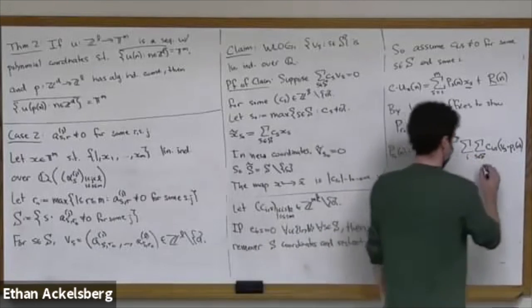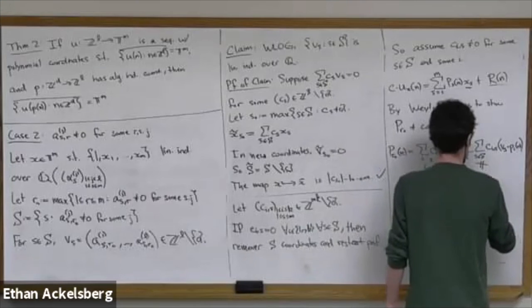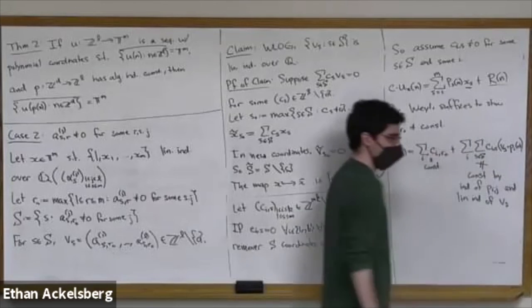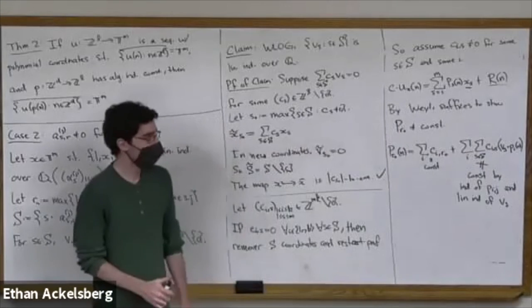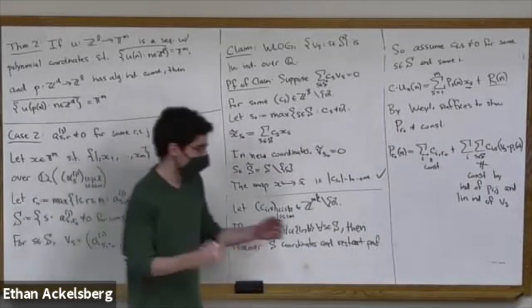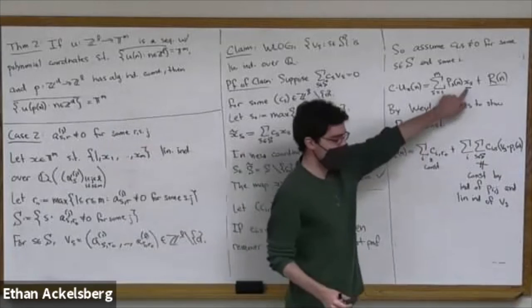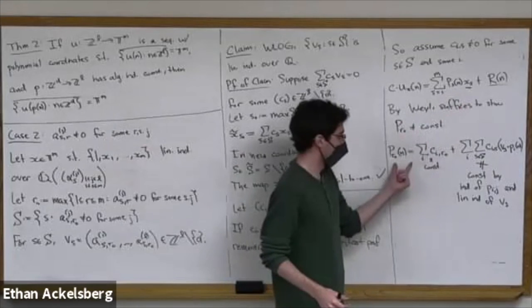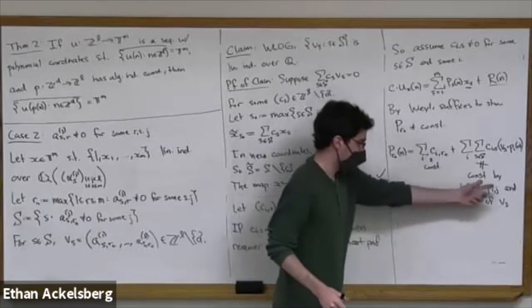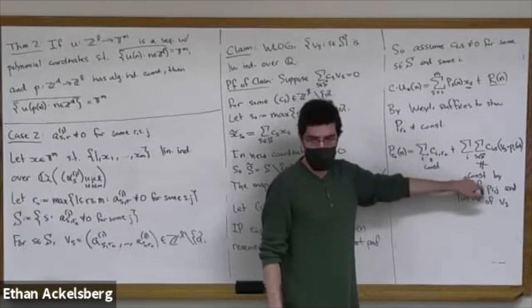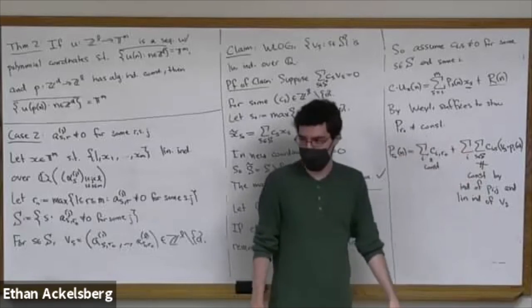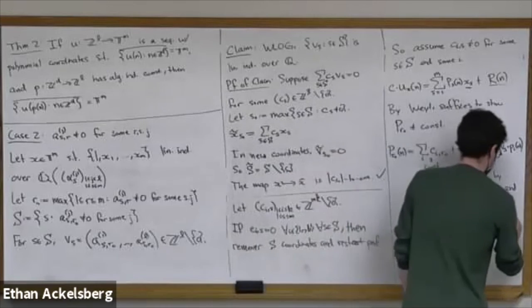And so this is non-constant by independence of the P_ij's and the linear independence of the v_S's. So now we have an irrational coefficient on a non-constant term, and so the sequence is well distributed in the torus, and that's the end of the proof.